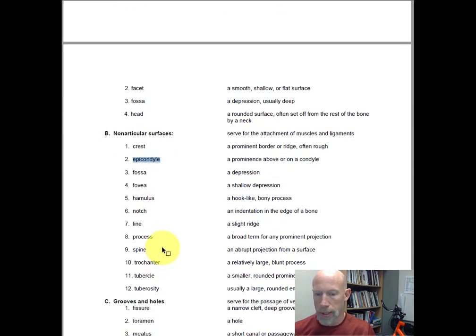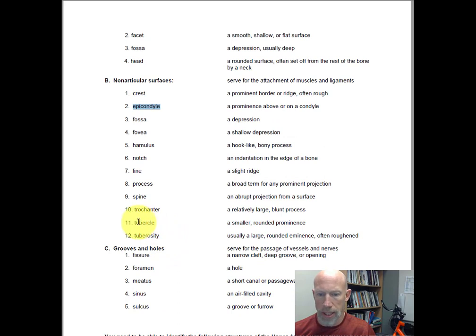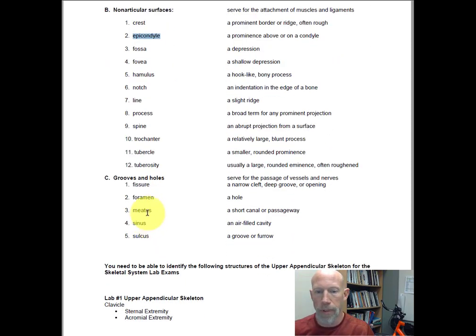A little bit of similarity here in tubercle and tuberosity. That's one of those where you'll just have to remember and memorize the difference between the terms. And then there are also, of course, arteries and veins and nerves and other structures that run through different parts of the bones, so we need grooves or holes for those structures.